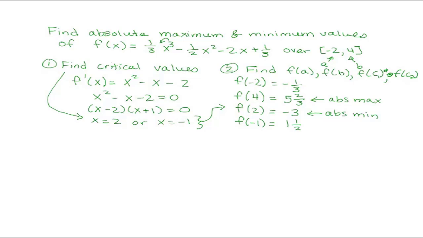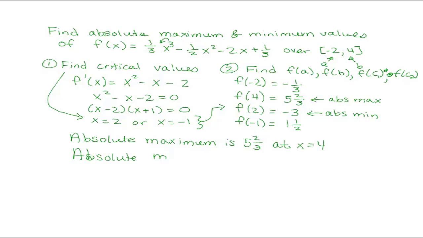Just to write this a little bit neater, the absolute maximum of the function is the f of x value 5 2/3, located at x equaling 4. And the absolute minimum of the function is -3, located at x equaling 2.